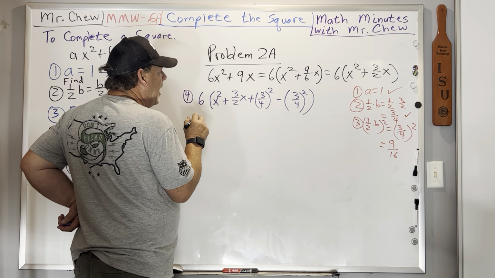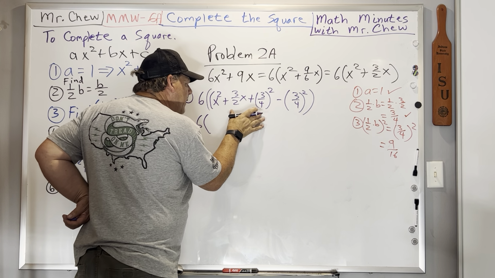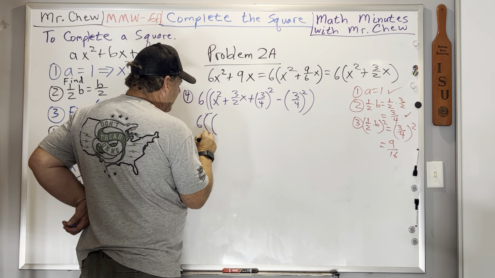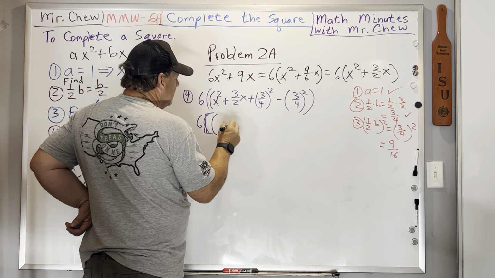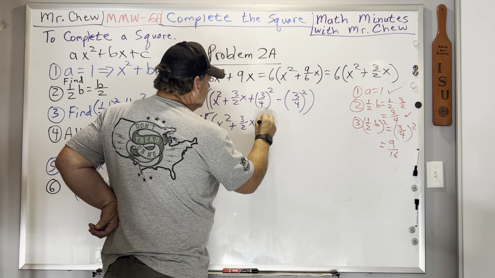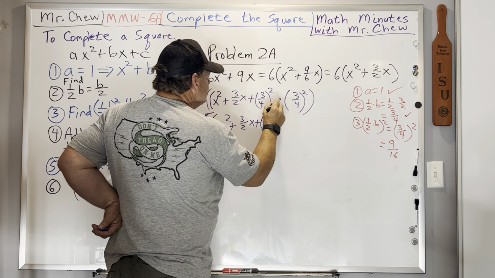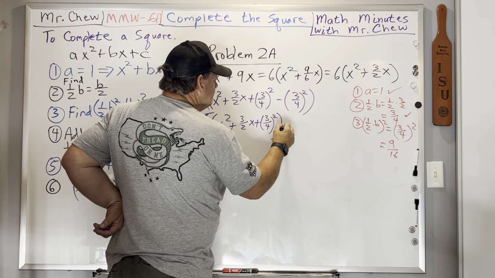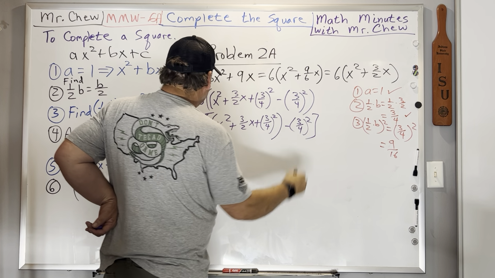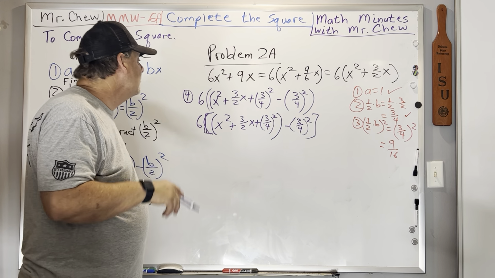Now, I am going to take this number right here and write it in parentheses on its own. If you want to make this a bracket, you can. Most people would do that. Like that. Well, this number ends up being a perfect square.